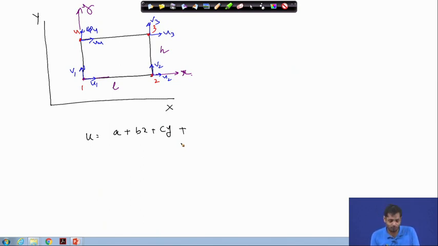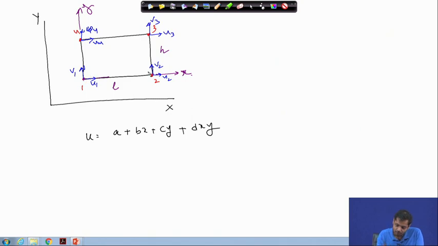How many terms and what terms are to be considered in that expression, we will discuss in the subsequent week, but for the time being, take the last term for granted: d into xy. It could be d into x square or d into y square, but particularly we have taken d into xy. We will discuss that why.